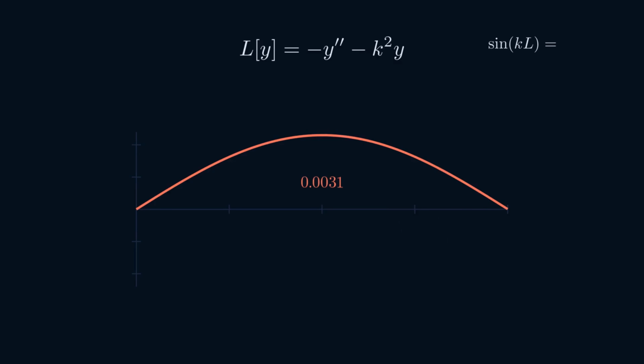At k equals nπ over L, the homogeneous equation with 0 boundary conditions has a non-trivial solution. The system can deflect with no load at all. That is resonance, or in a static problem, buckling. And when that happens, no Green's function exists.